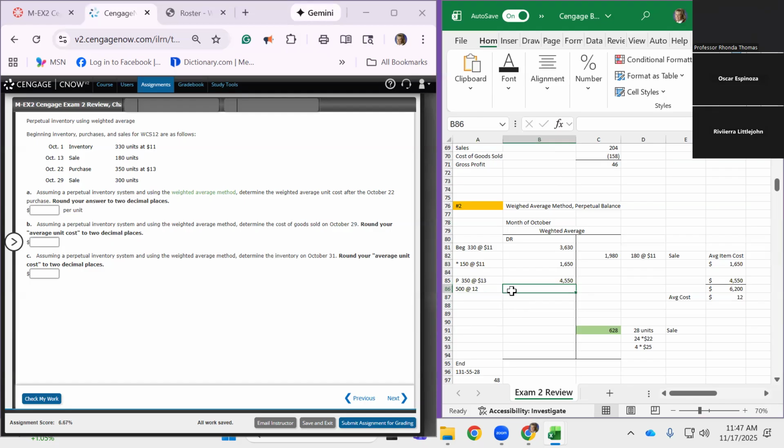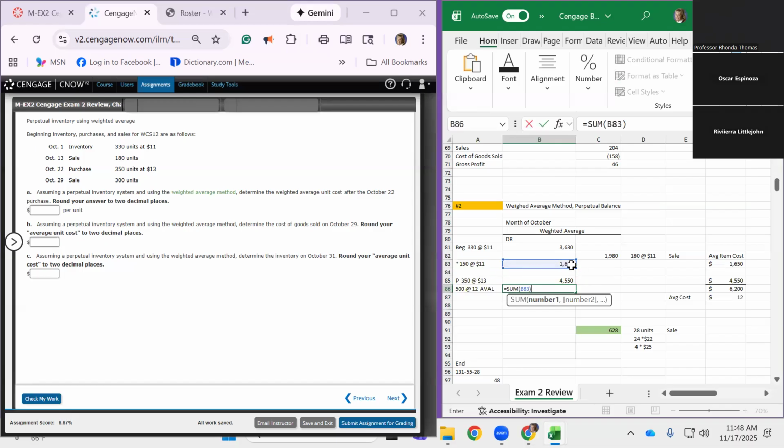And the new available amount, right? Amount available is 500 at 12. So this is going to be available. It's always good to calculate available. And we're going to add what was sitting here after the sale plus what we just purchased.